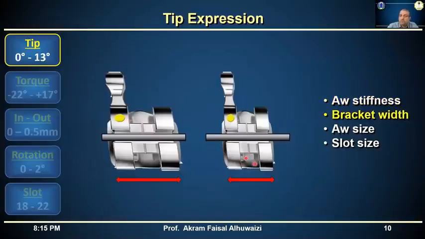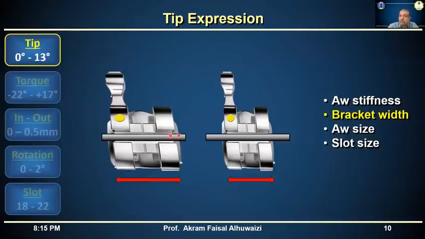Also, the bracket width. For the bracket width, the wider the bracket, the more the tip. Because as I said, the moment is the amount of force generated by the wire, multiplied by the width of the bracket itself, which is the arm, the length of the arm.